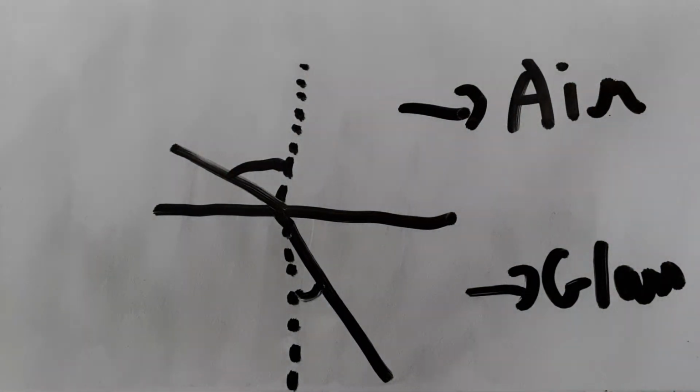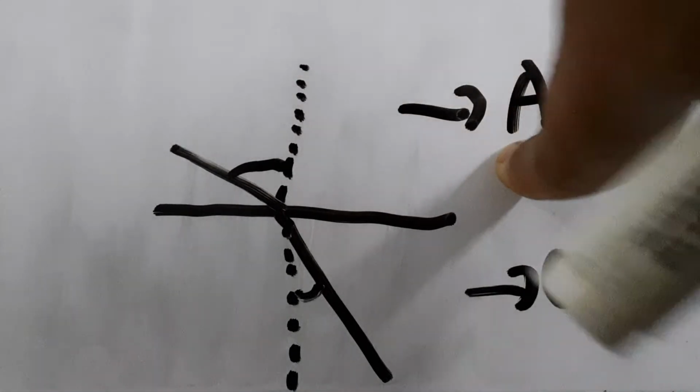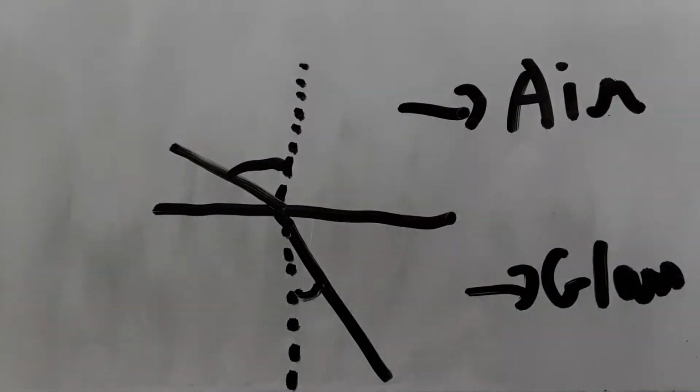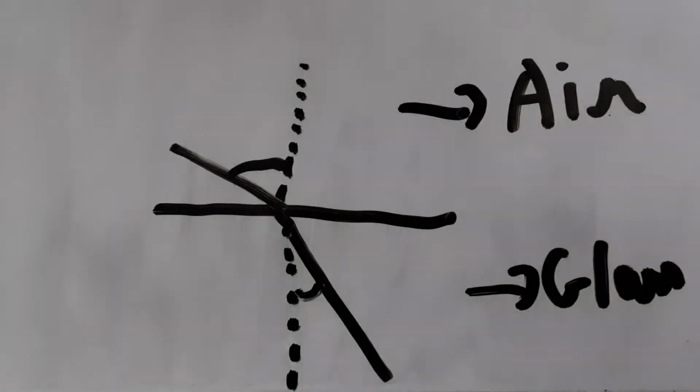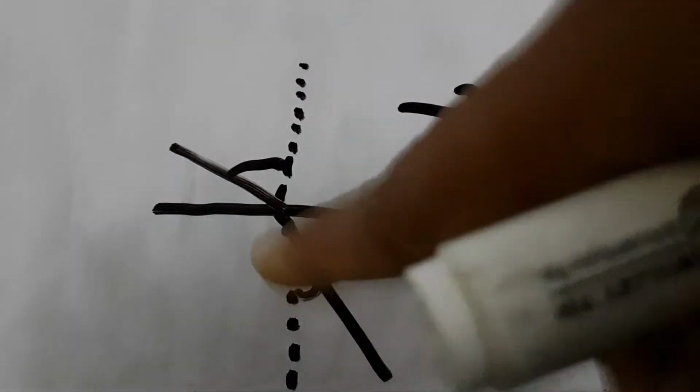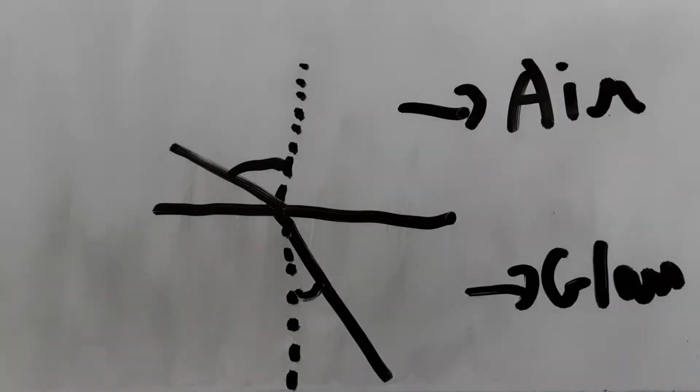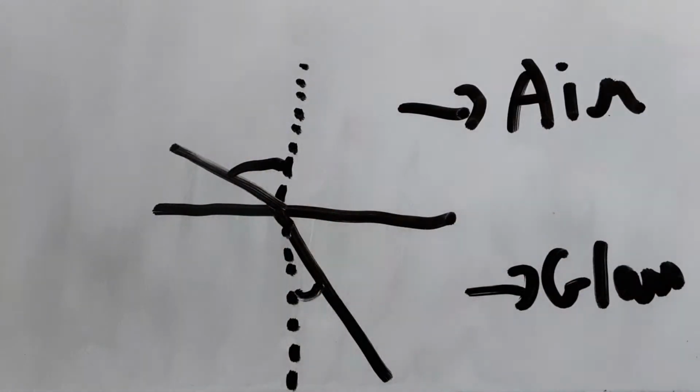Now if it's vice versa, if it is from air to glass, which is optically rarer to optically denser, then the angle made by the refracted ray will be less.